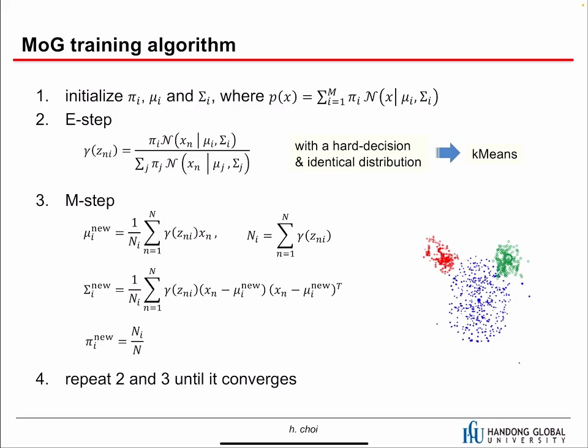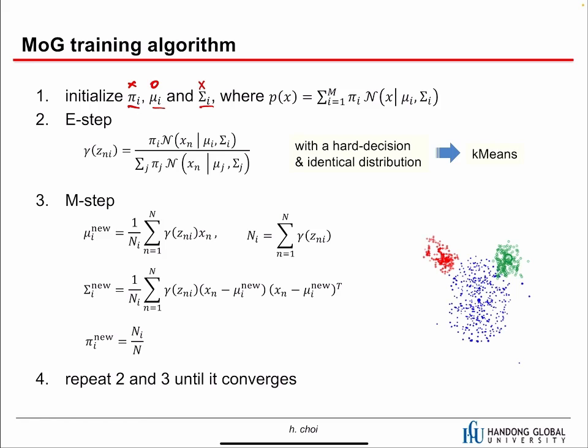So now we have all the equations for the mixture of Gaussians. Initialize pi, mu and sigma as we did in the k-means algorithm. In k-means, we only have mu's, and we don't have covariance matrices.